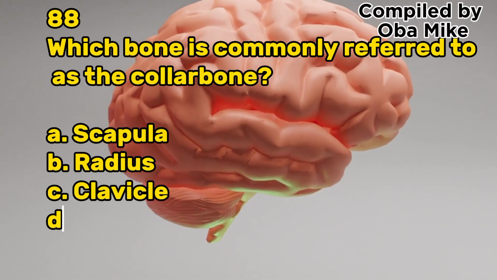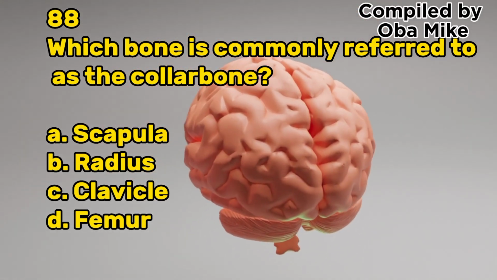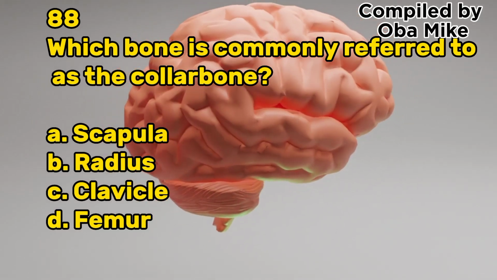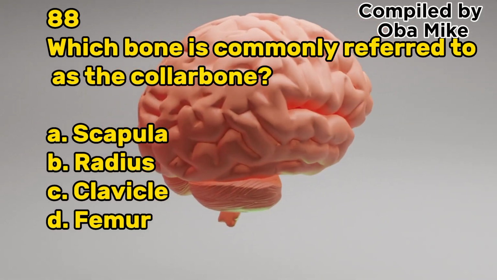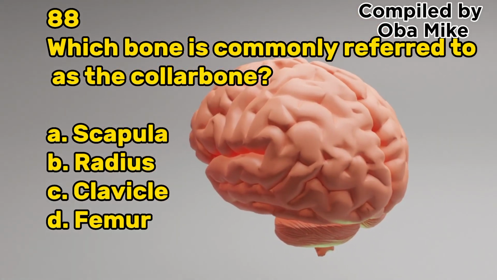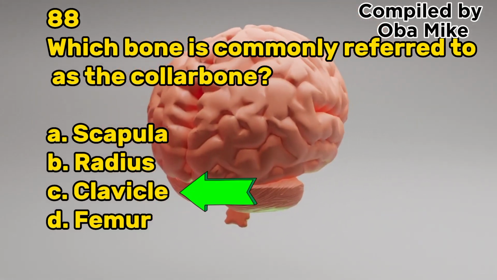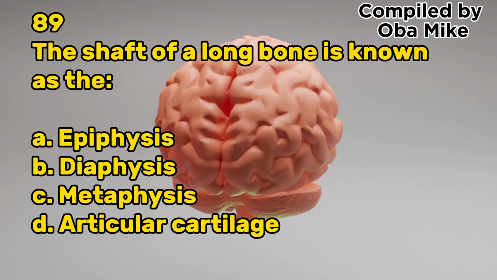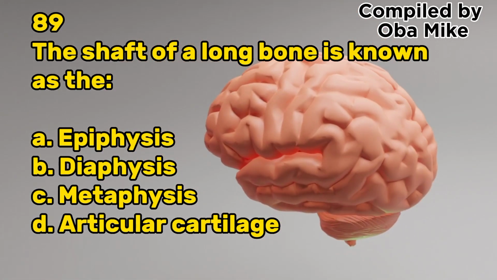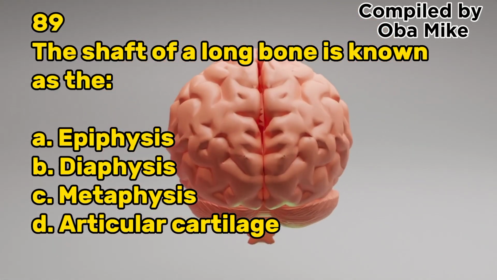88. Which bone is commonly referred to as the collarbone? A. Scapula. B. Radius. C. Clavicle. D. Femur. 89. The shaft of a long bone is known as the A. Epiphysis. B. Diaphysis.